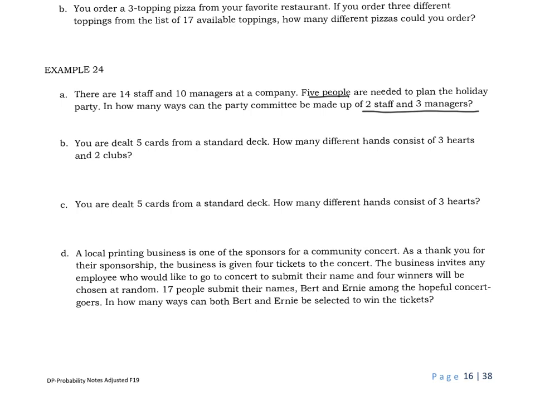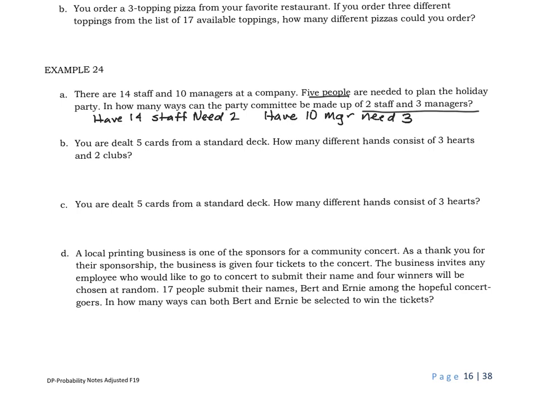So as far as the staff, we have 14 staff. We need how many of them? We need 2. And then on the managers, we have 10 managers, and we need 3 of them, okay? So again, order did not matter.